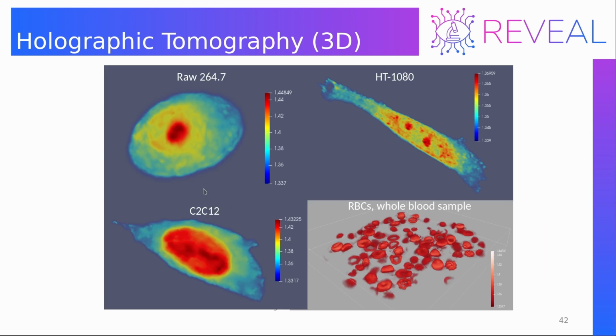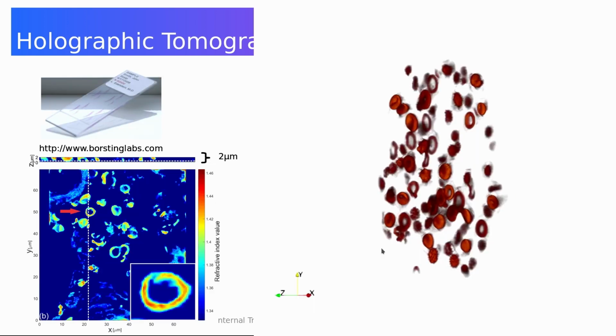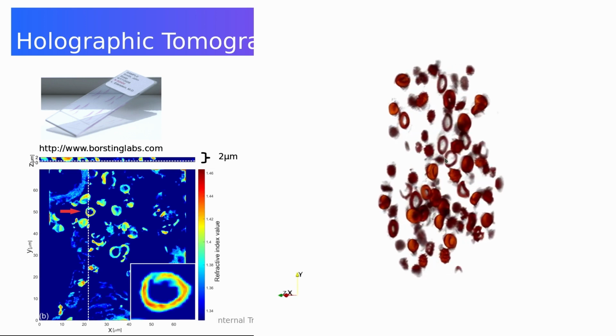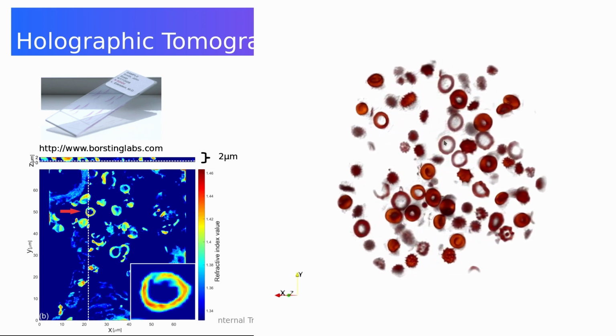And here are a few more examples of some biological cells that we analyzed with our setup. There are some individual biological cells, but we also analyzed red blood cells. It was a whole blood sample, the blood sample of Arkadiusz.